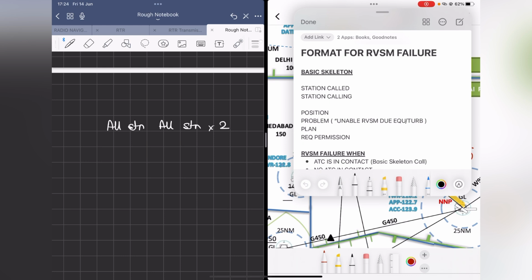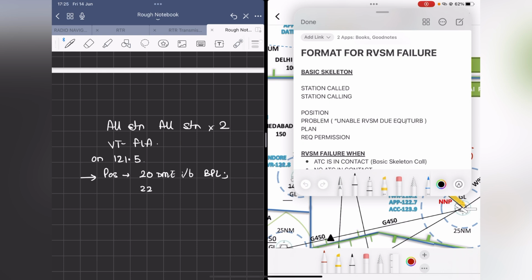Who is calling? Victor Tango Foxtrot Lima Alpha on 121.5, right? This is the interpilot frequency. Then, what's your position? Your position is 20 DME inbound Bravo Papa Lima, right?